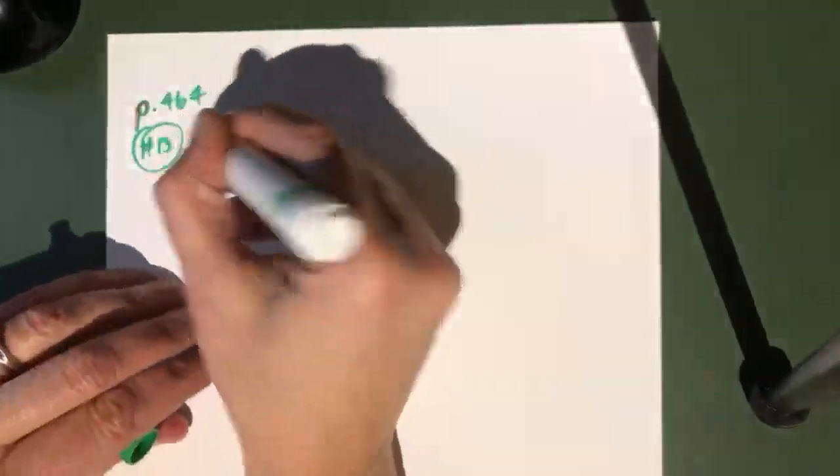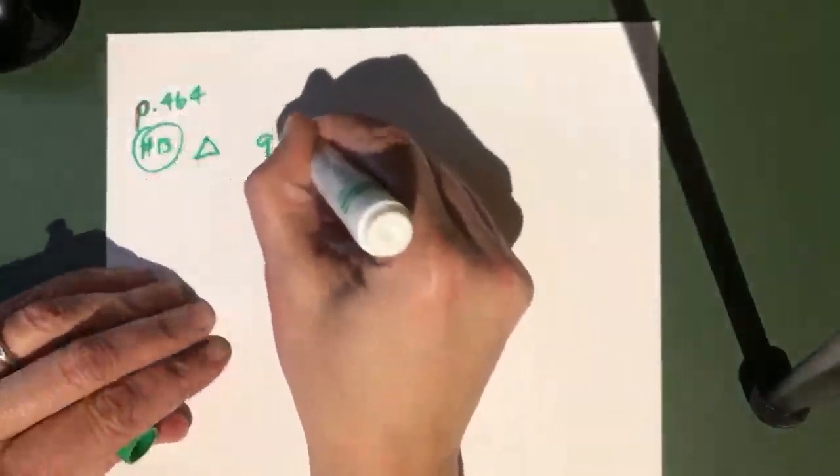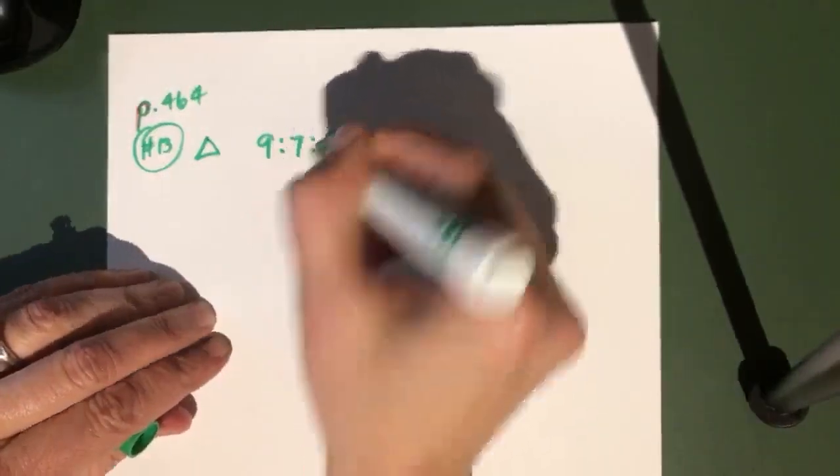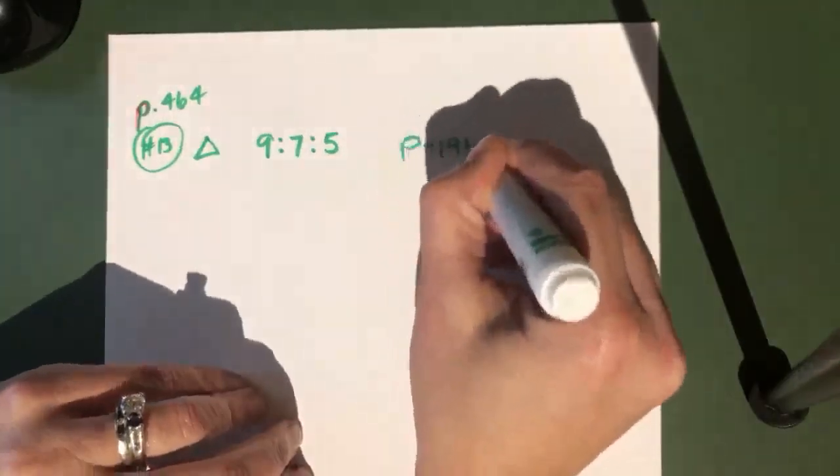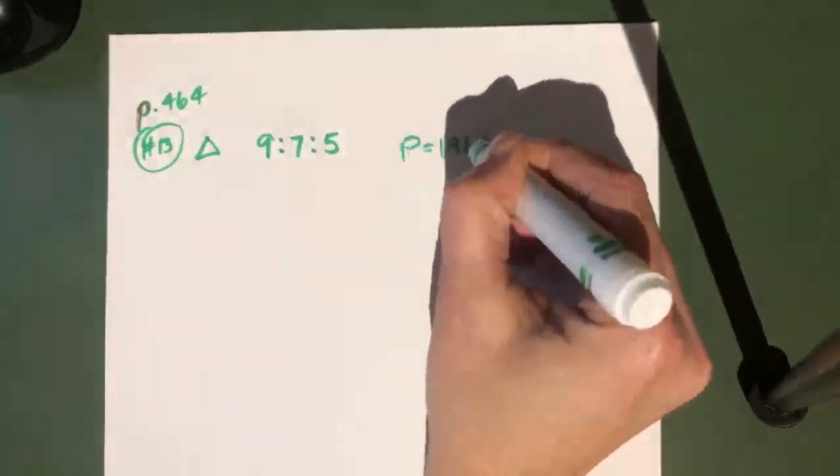All right, number 13 is the one that says, the ratio of the measures of the three sides of a triangle is 9 to 7 to 5. Okay, so we have a triangle, and the ratios of the sides of this triangle that we're looking at is 9 to 7 to 5. Now it says its perimeter is 191.1 inches.